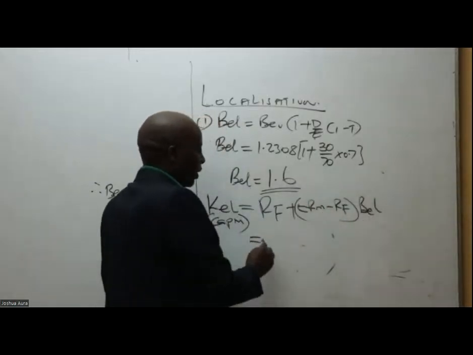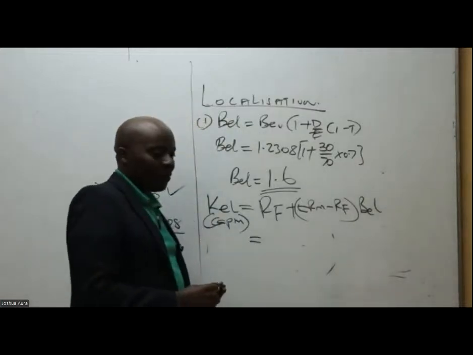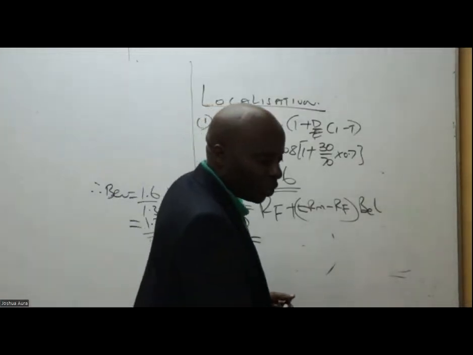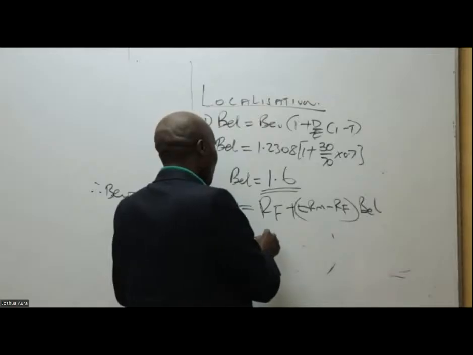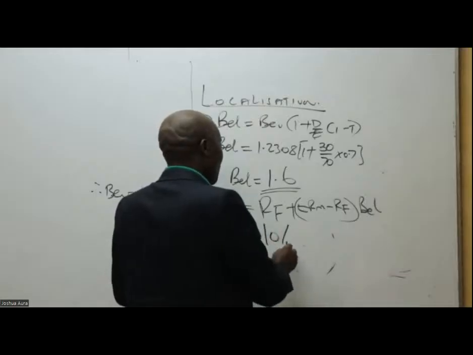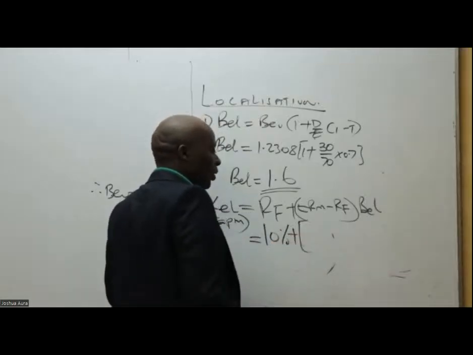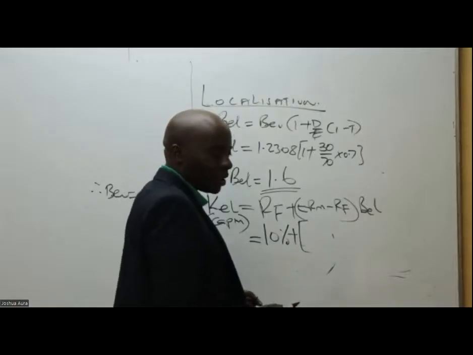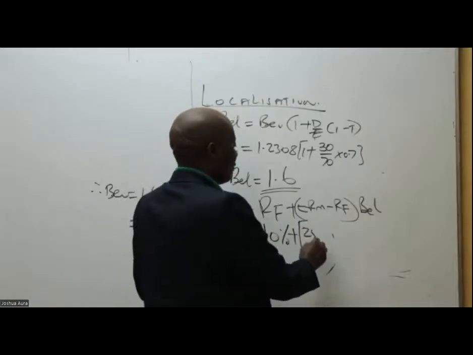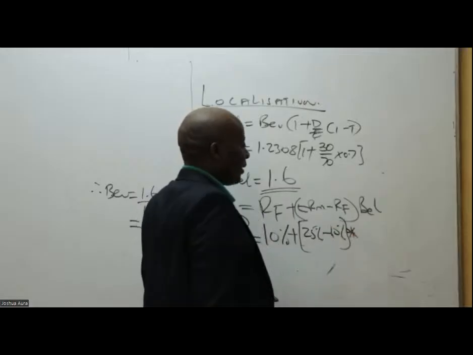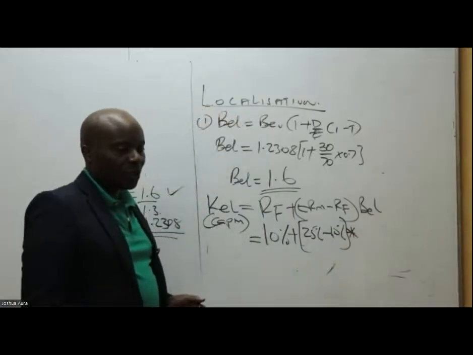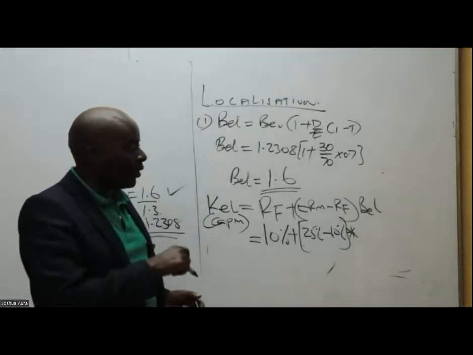Is there somebody who can remember the risk-free rate of return? 10. Thank you so much. So risk-free rate of return is 10 here. Plus, how about market returns? Market returns 25 minus 10% multiplied by beta equity of a levered organization.